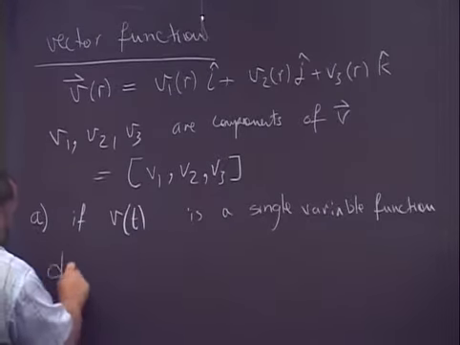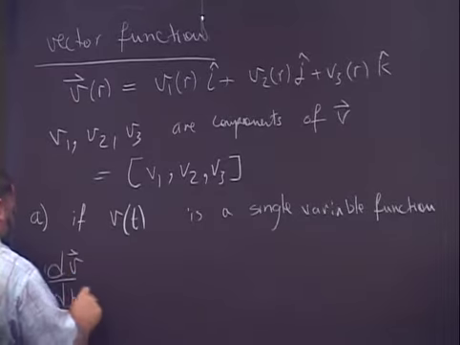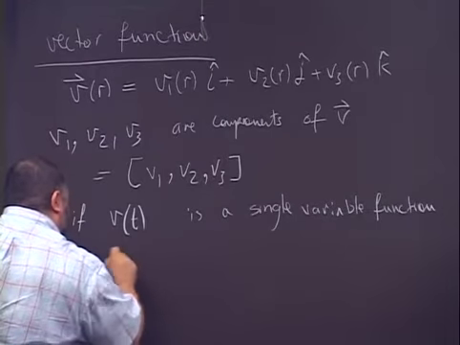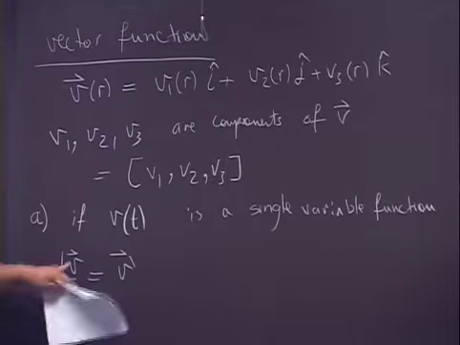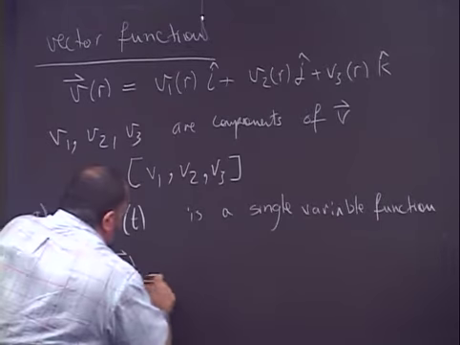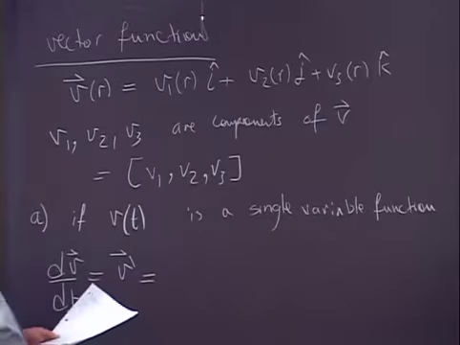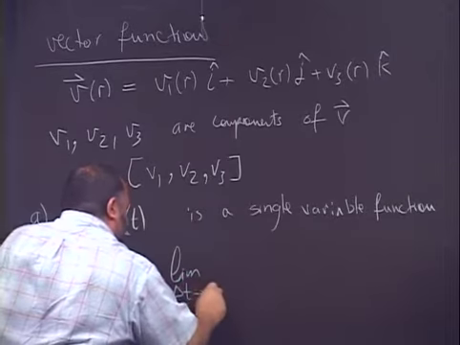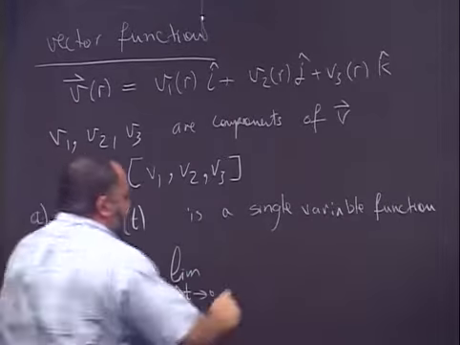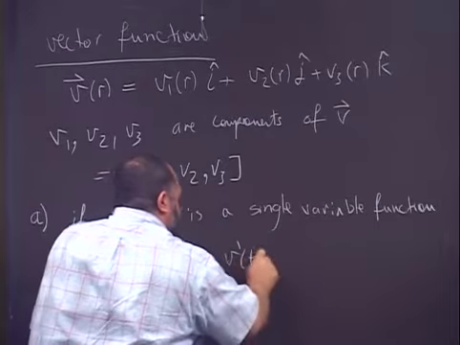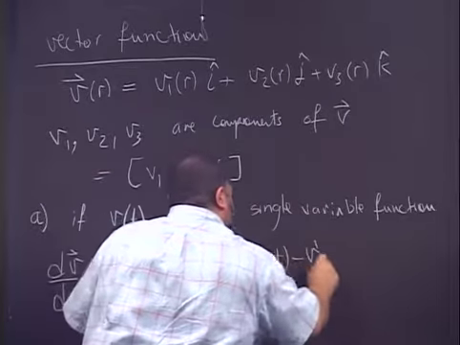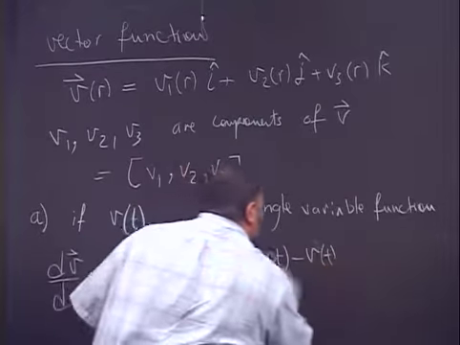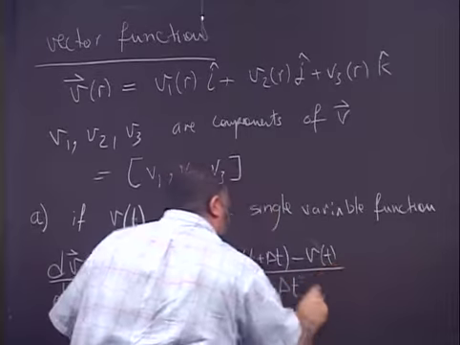The definition of dv by dt, sometimes written as v prime vector, is the limit when the change in time goes to 0 of v at t plus delta t minus v at t, divided by delta t.